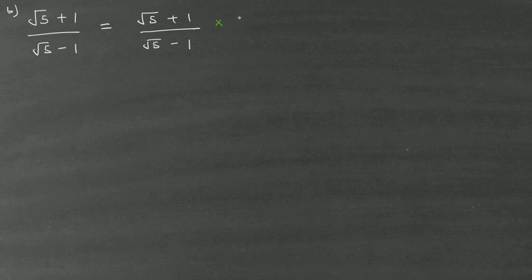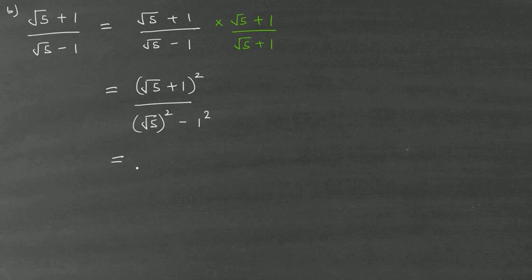So we shall multiply by root 5 plus 1 over root 5 plus 1. Just change the sign here in the middle, and this will give us root 5 plus 1 squared over, and this will always be a difference of two squares in the denominator, so just square this.